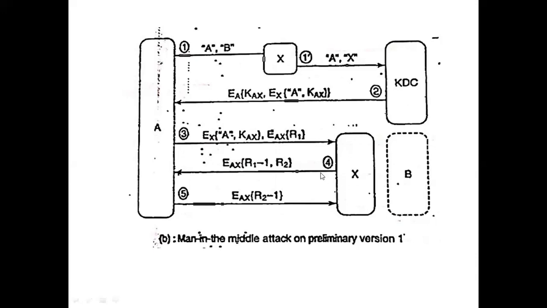Thus X successfully impersonates B to A. X will be acting as B to A. A will think that it is communicating with B, but X has impersonated B, so A is communicating with X. This is the attack on preliminary version 1.